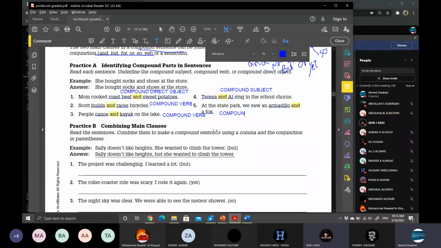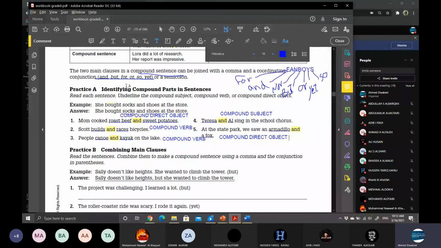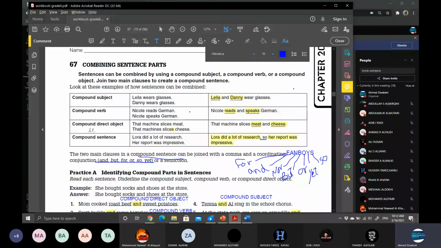So it's a compound direct object. So once again, guys, in order to search for the compound subject, compound verb, or compound direct object, the easiest way is you will find them between and. So here I have and.